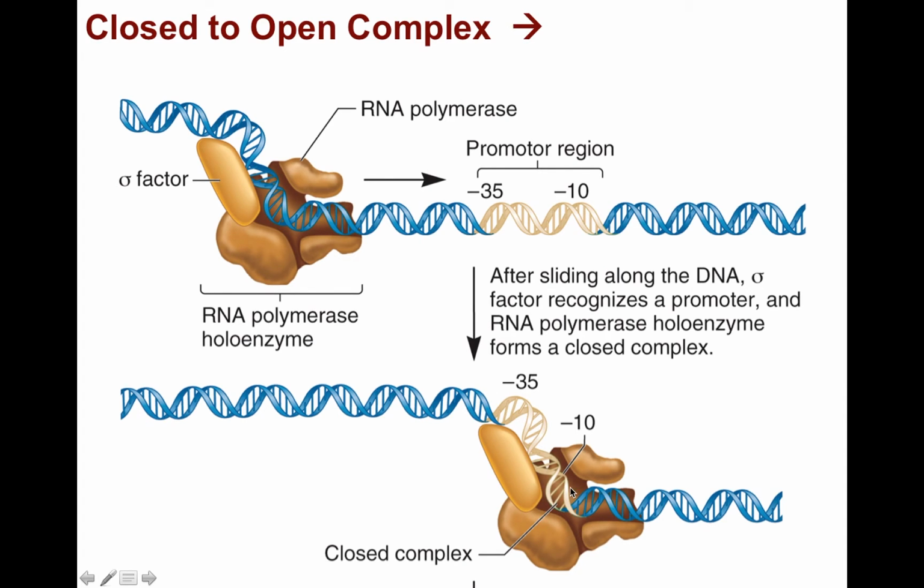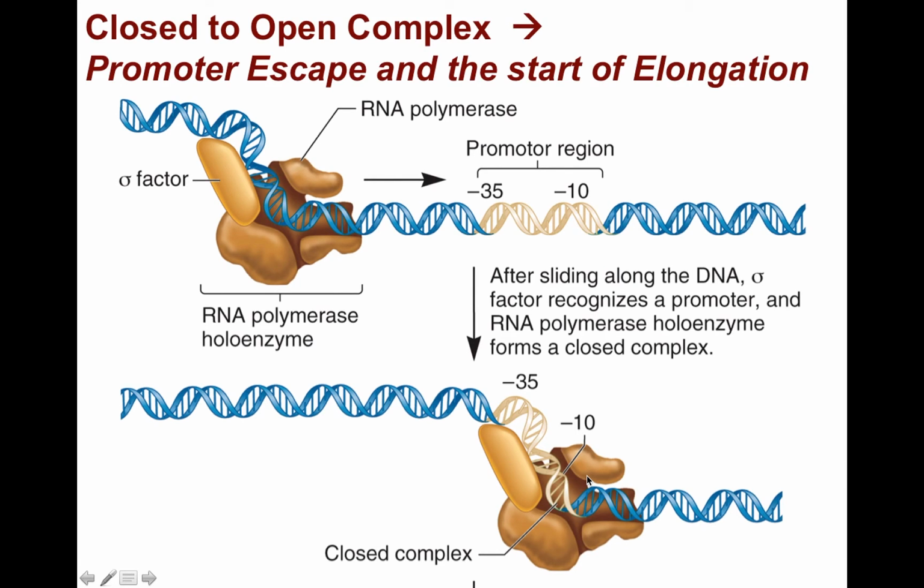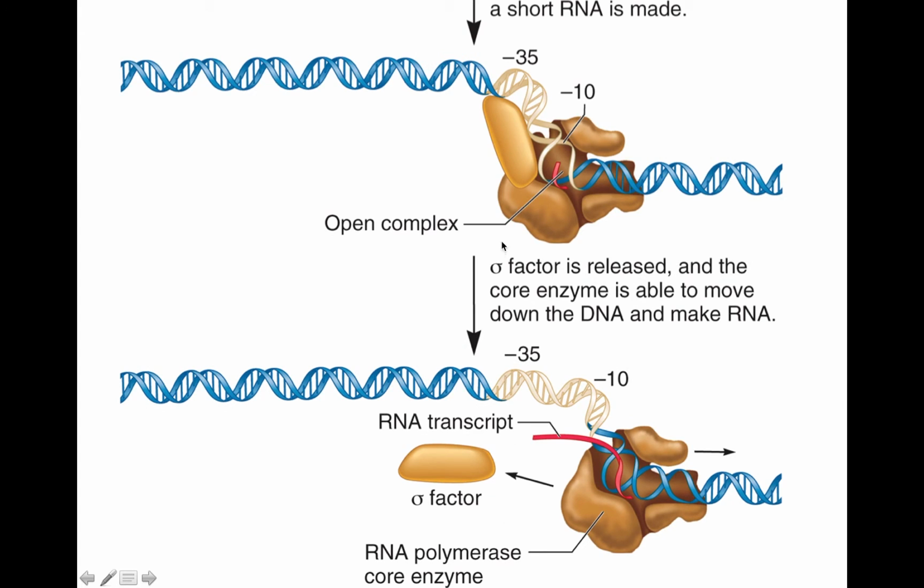Notice that in the closed complex, the DNA remains hydrogen bonded. The two strands of the DNA molecule remain hydrogen bonded when RNA polymerase is attached to the DNA. The promoter escape and the start of elongation occur in a transition from a closed complex to an open complex.